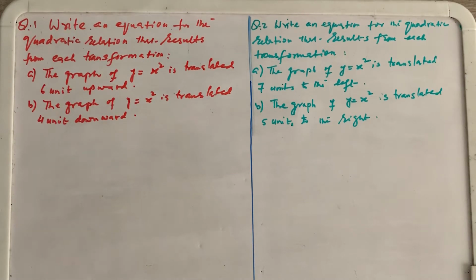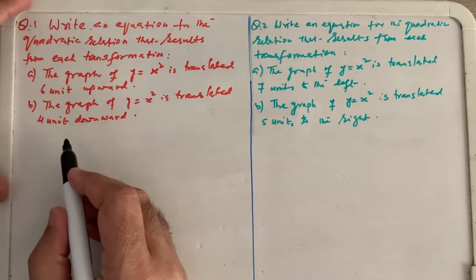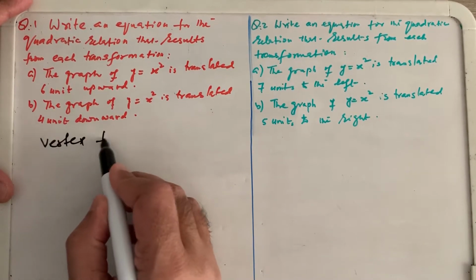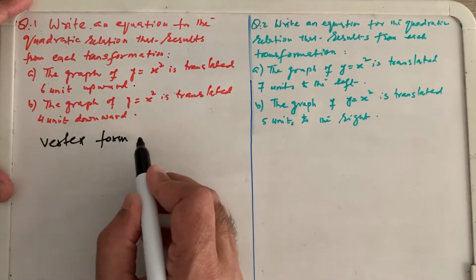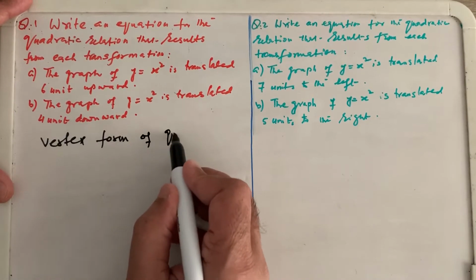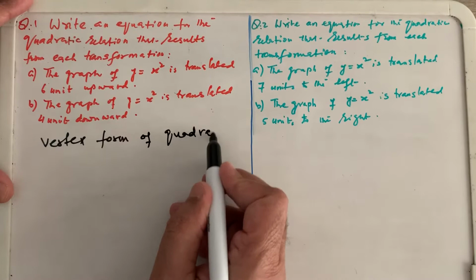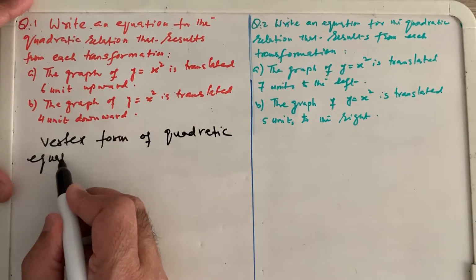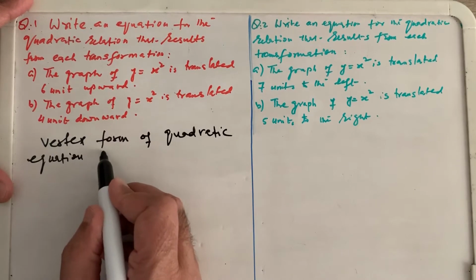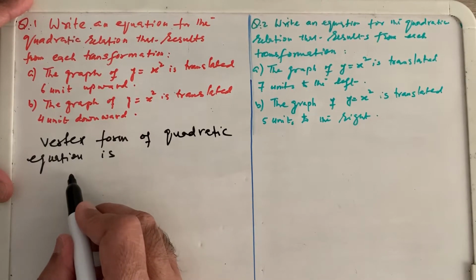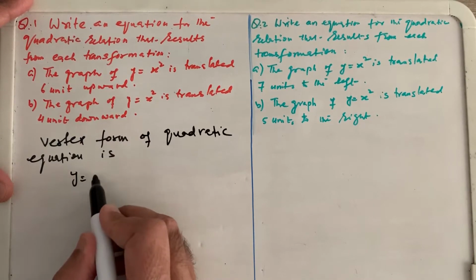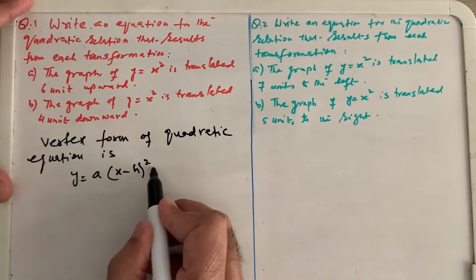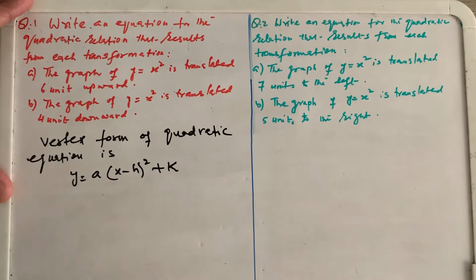We know that the vertex form of a quadratic equation is y equals a times (x minus h) whole squared plus k, right?